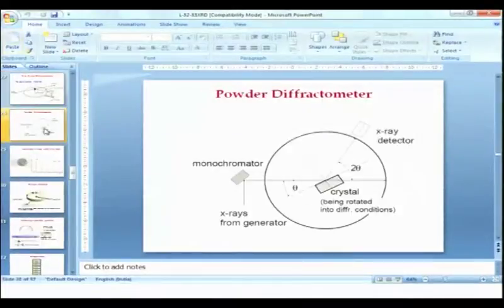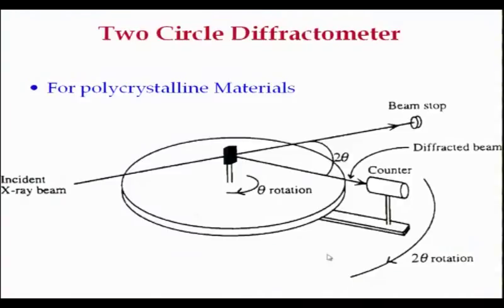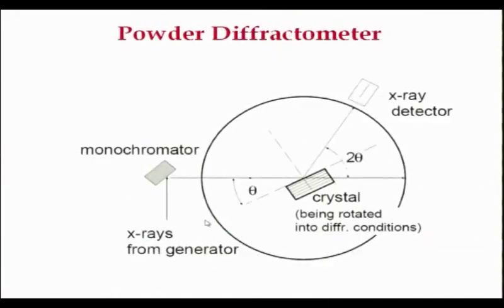So, basically the geometry of the diffractometer will look like this. These are your X-rays, they go through a monochromator or filter. The monochromator only allows one particular wavelength to go into the crystal. This is your sample, this is your X-ray detector, this is your X-ray generator, and you can rotate the crystal.